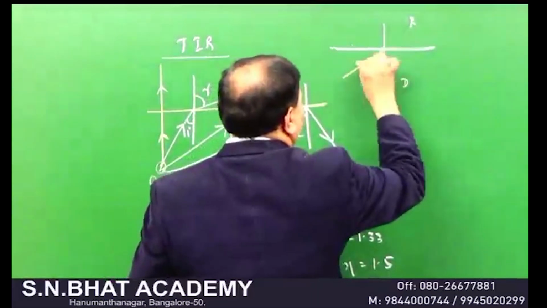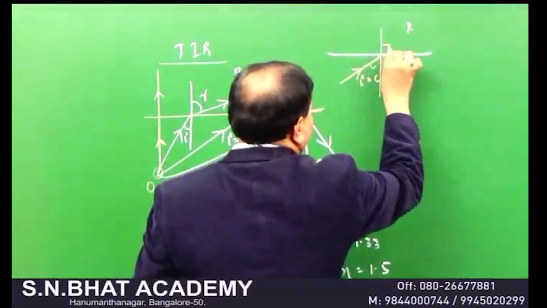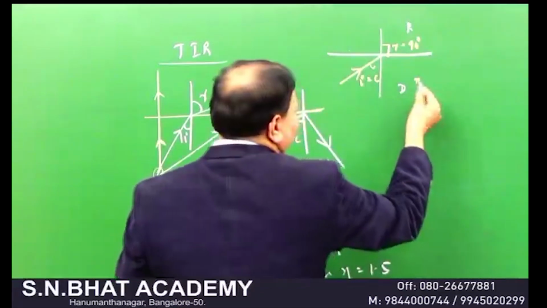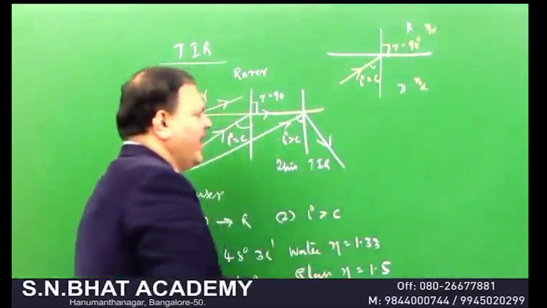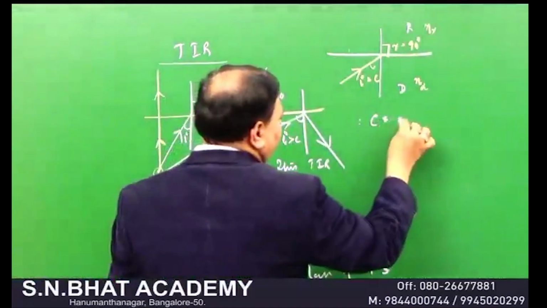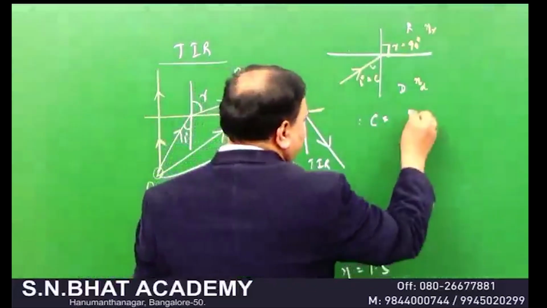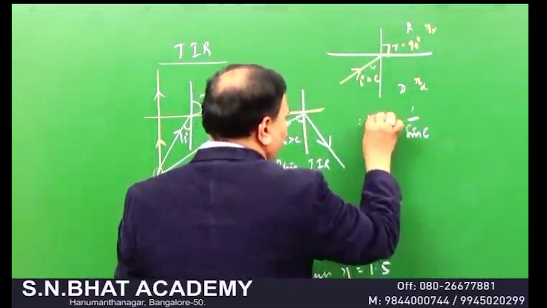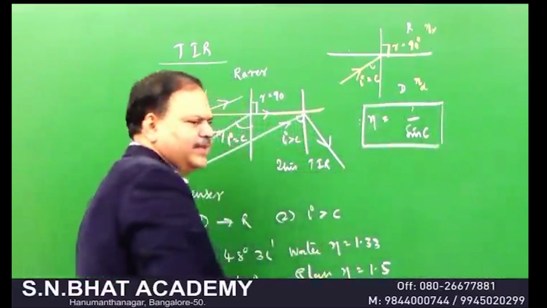So if the ray of light is incident at the critical angle and the angle of refraction is equal to 90 degrees, and N1 is the refractive index of the denser medium, the relationship for the critical angle is, remember, very important: N is equal to 1 by sin C, or sin C is equal to 1 by N.